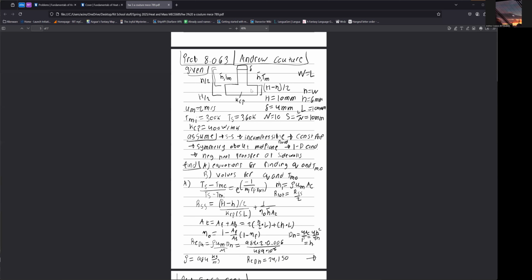Now, there's a lot of assumptions. Steady state, nothing's changing with time. Incompressible fluid, so the fluid is not changing over the course of the channel, at least aside from temperature. Speaking of properties, obviously constant properties. Symmetry about the midplane in both the horizontal and vertical axis, hence why it's cut into that half-scale diagram up above.